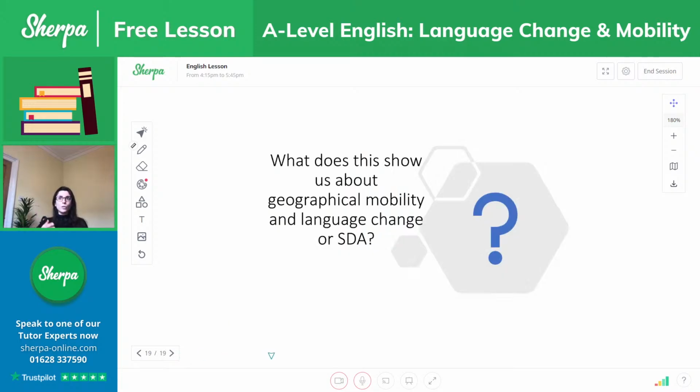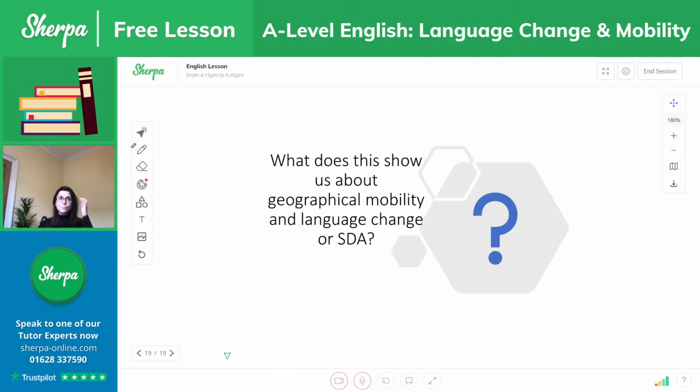So we'll also bring this back to the greater question of what this shows us about geographical mobility and language change or second dialect acquisition. What was the point of going through all of this? Because obviously it relates to language change and second dialect acquisition on a bigger picture.